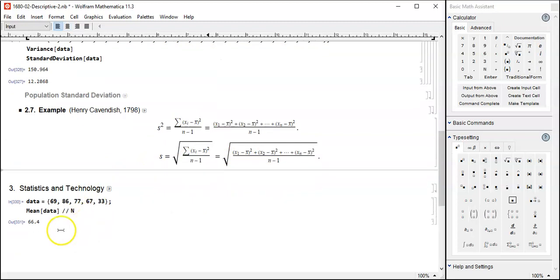Now, how do we calculate the sample standard deviation? Here's a formula, and let's work it out. So the first number is 69. 69 minus the mean, square it. So that's this one. Do it again. 86 is the next number, and subtract the mean. Square it. And then 77 minus 66.4 squared, 2 more to go.